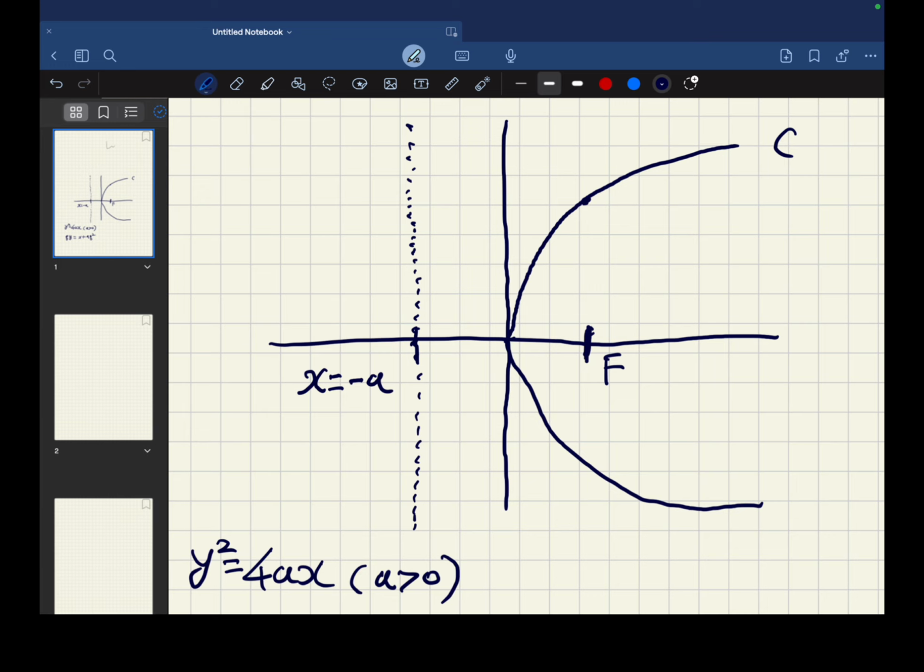If we assume that Q is on here, which is (aq squared, 2aq), then the tangent line would be like this.